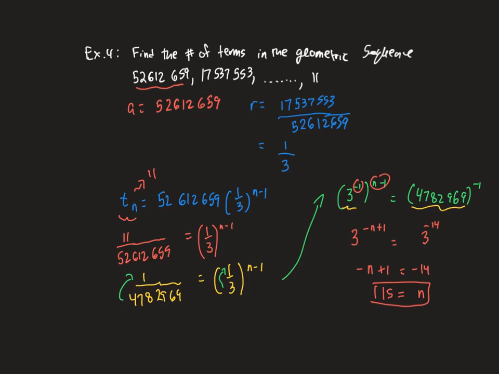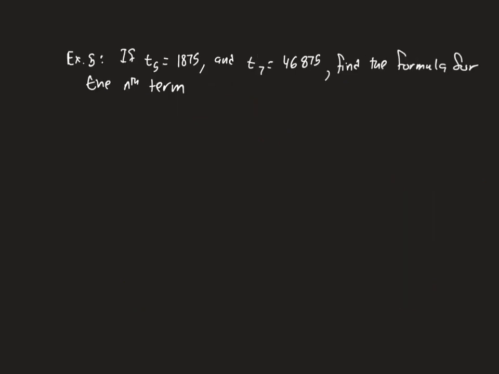Let's do one last example. Alright, so final example. Just like we did when we did arithmetic, you're going to have to make 2 equations here to find your 2 unknowns, because I don't know what my a is, I don't know what my r is. So let's make our first equation.